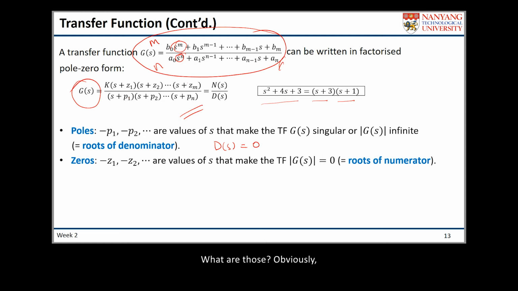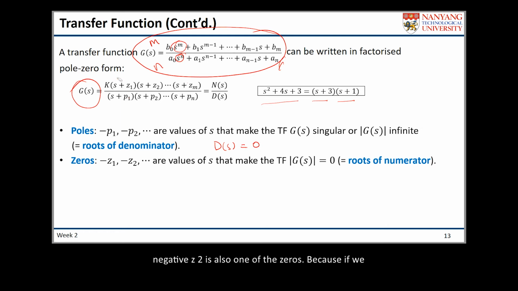What are those? Obviously, when your s is equal to negative z1, the first term in the numerator will be 0. 0, if you divide it by any value, will become 0. So negative z1 is one of the zeros.